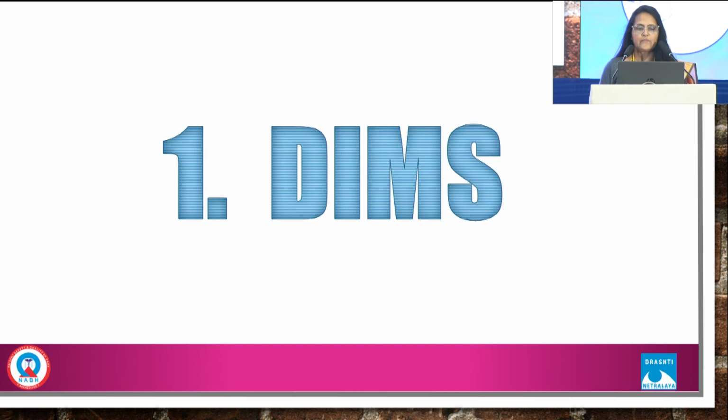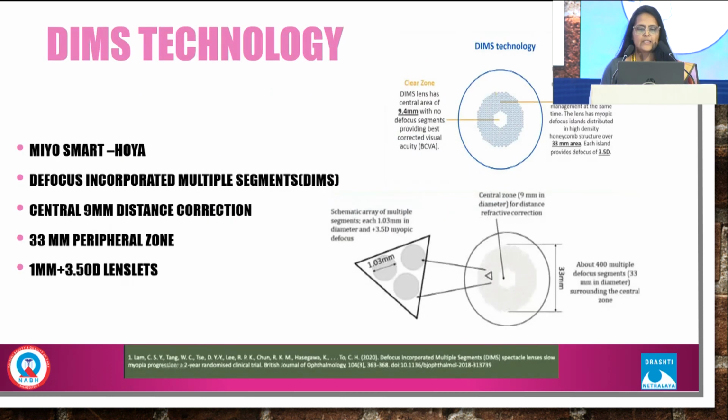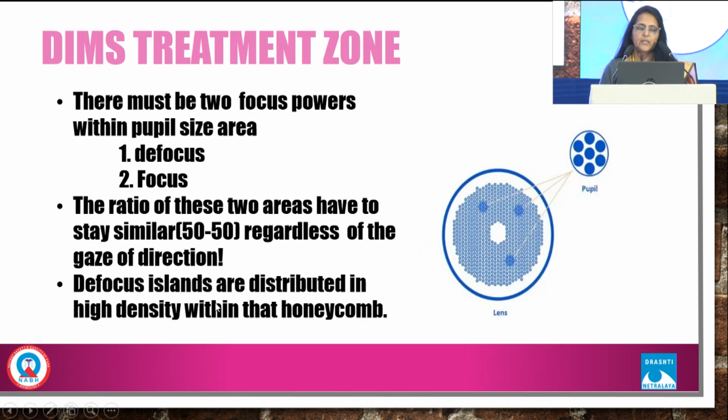Let's look at the defocus theory. The first one is DIMS technology, which is defocus incorporated multiple segments. Here there is a 9.4 millimeter clear zone, and surrounding that a 33 millimeter peripheral zone, which is responsible for creating the myopic defocus. In this honeycomb, each 1 millimeter has lots of lenslets of plus 3.5 diopter.